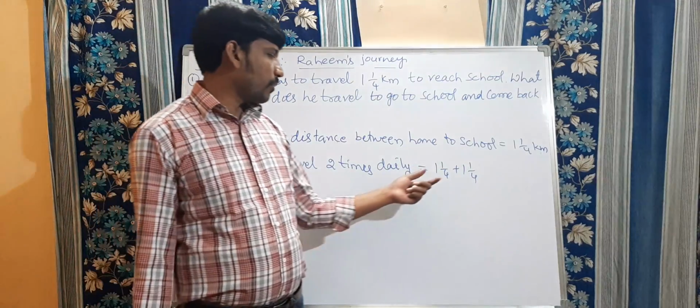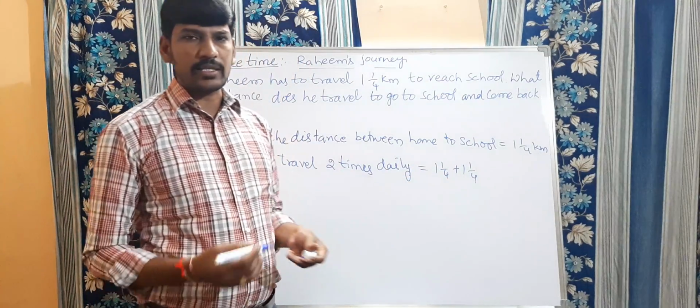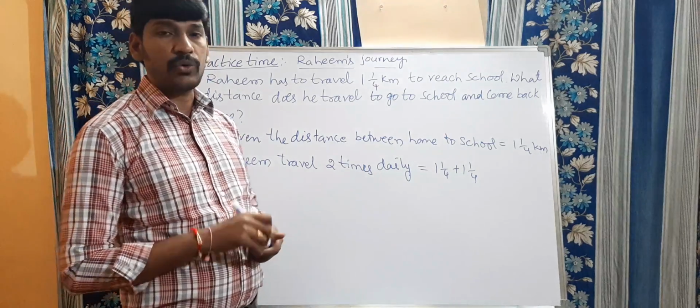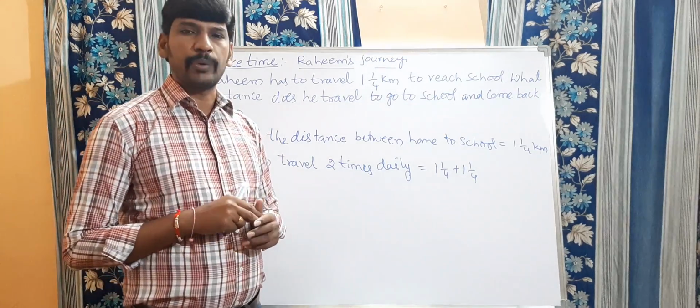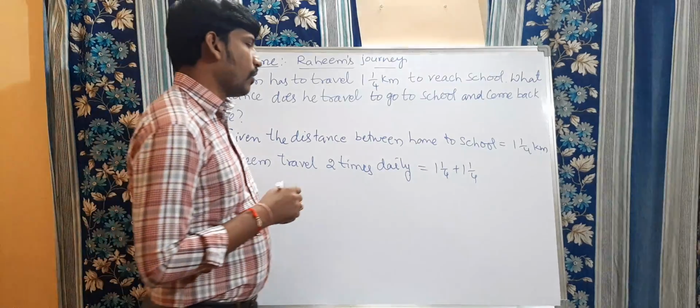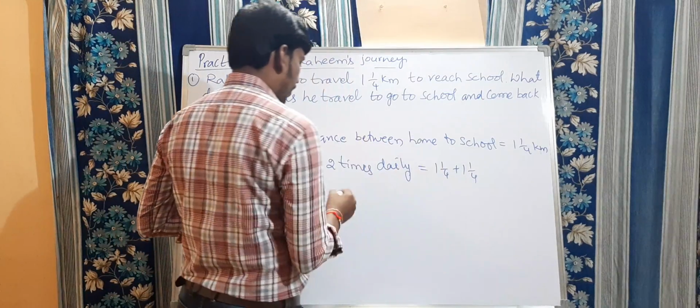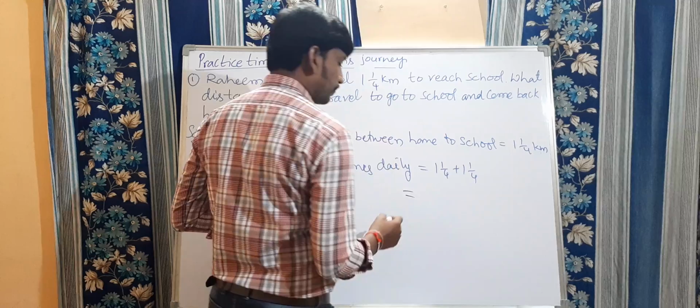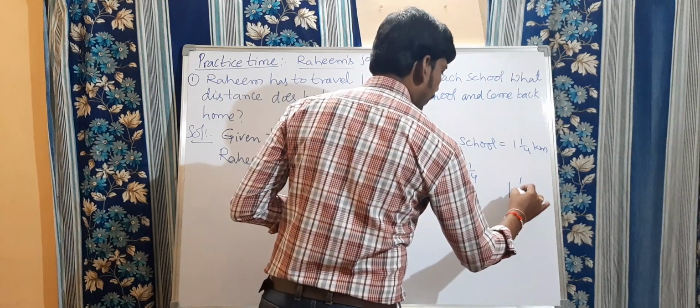Clear? Did you observe here both are mixed fractions? Last year we discussed mixed fractions and how to convert them into improper fractions. So now I am going to convert to improper fractions. See this here, 1 1/4.